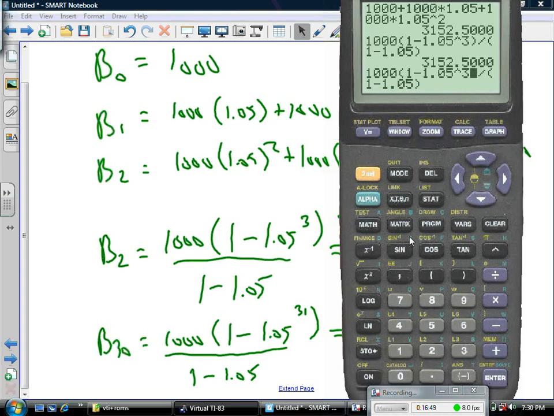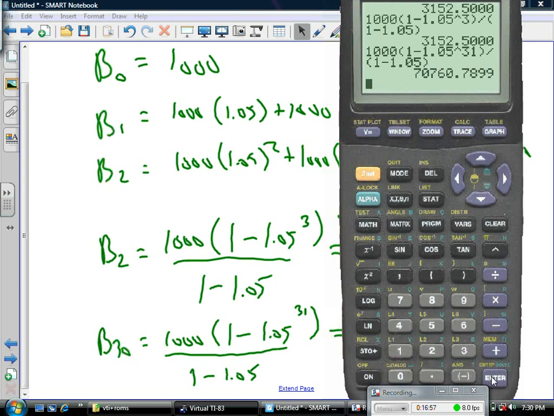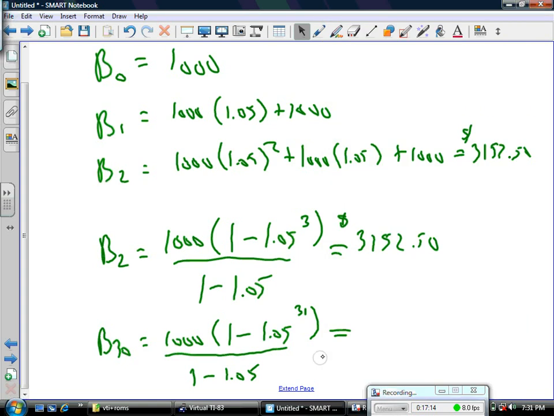So instead of messing up what I have here, I'm going to do second delete as insert, put a 1, and then hit enter, and I ended up with $70,760.79, because they'll round up in your favor at the bank to cents, right? It's got to be two places in this case. So, 70,760 and 79. I'm going to say that's an approximation because I rounded off to the nearest cent.